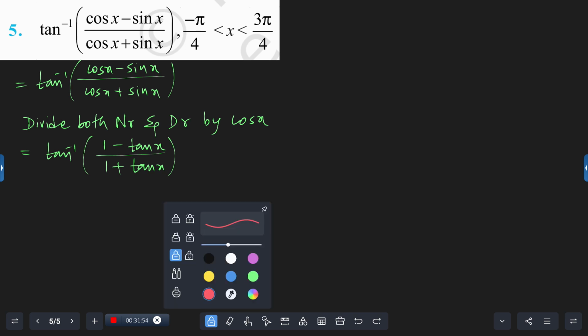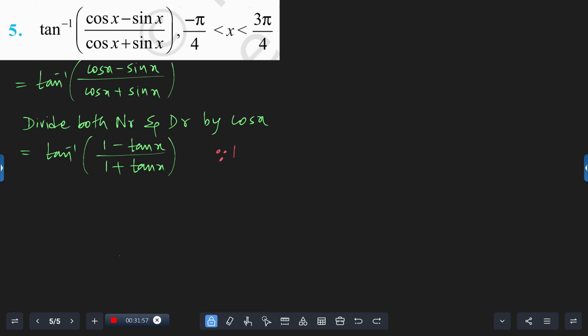The numerator has a minus, so this will be tan of A minus B. That is tan A minus tan B whole divided by 1 plus tan A into tan B, which we have studied in 11th standard. This formula I am going to bring.